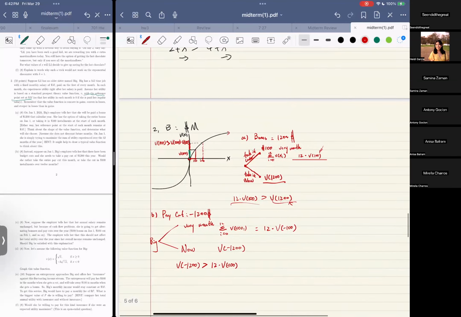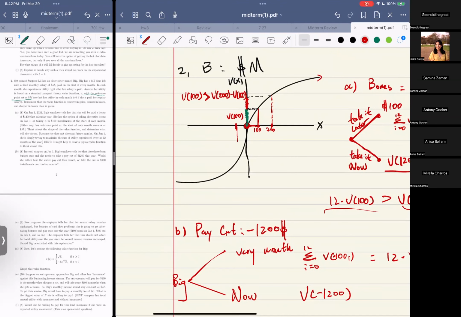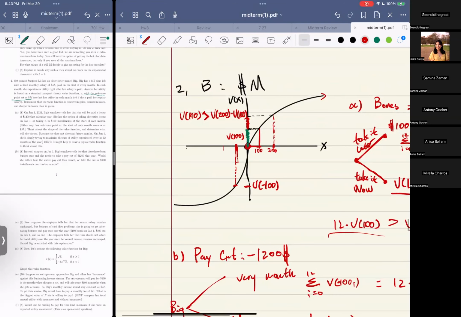Right, so let's look at it in the graph. Let me draw in proportion. If I lose 100, it looks like this. This is V of negative 100. What about negative 200?